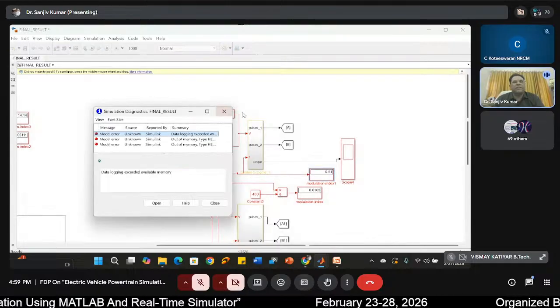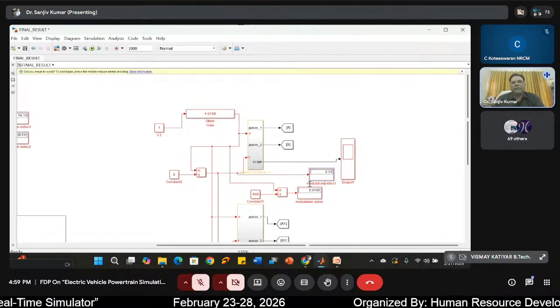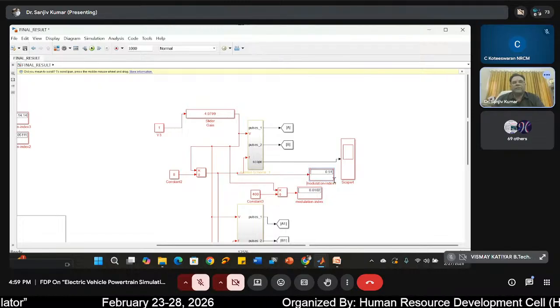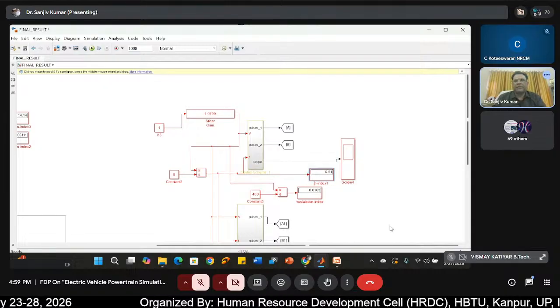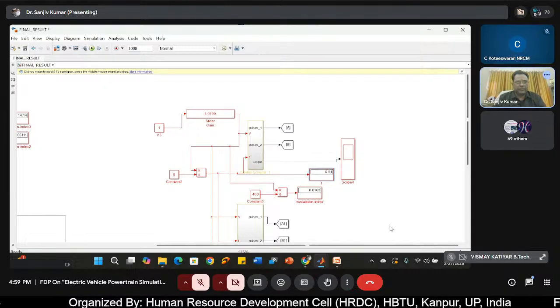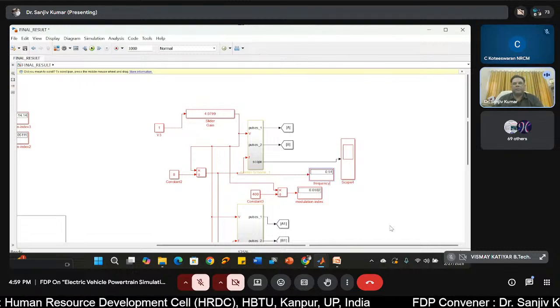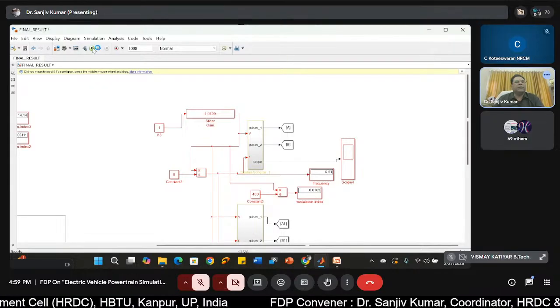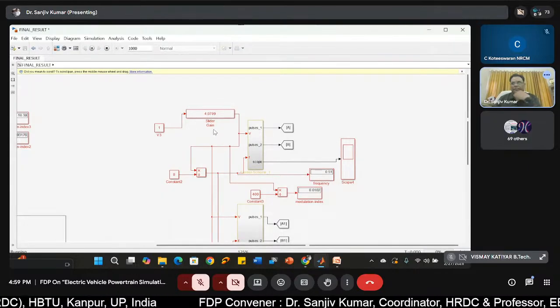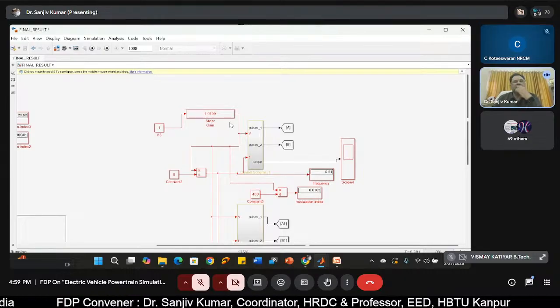This is frequency, not the modulation index. This is frequency and the lower one is the modulation index. Now run this.